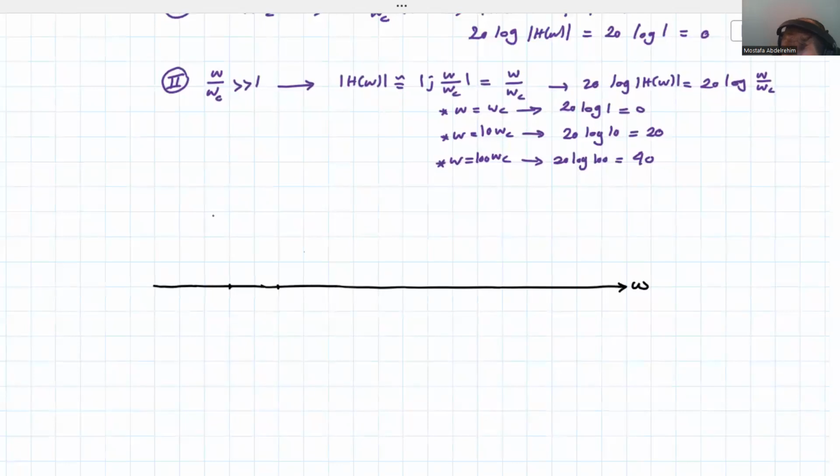For example, 10 to the power of minus 1 omega c, 10 to the power of minus 2 omega c, I'm sorry. Omega c, look, we multiply by 10 each time. 10 omega c, 100 omega c, 1000 omega c, 10,000 omega c, and so on.